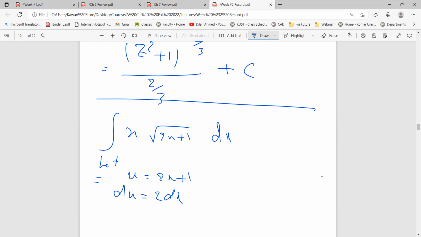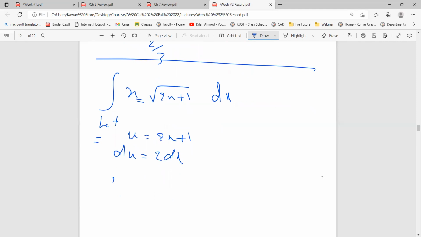Okay. So how about that x? That one, how do we solve that? x equals u minus 1 over 2. Thank you. So x, not x, u, right?